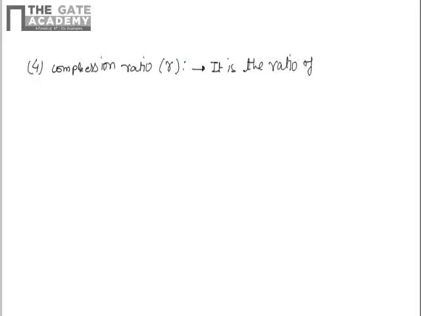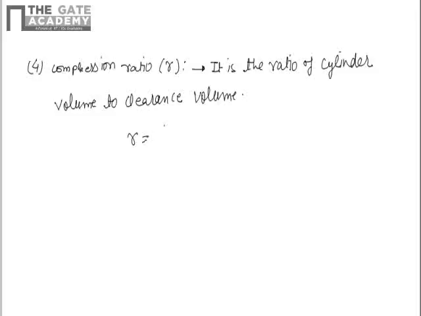It is the ratio of cylinder volume to clearance volume. So mathematically we can write r equals V by Vc. It is the ratio of cylinder volume to the clearance volume.